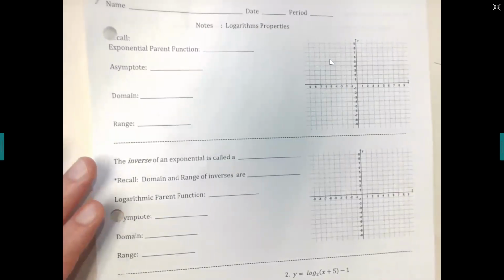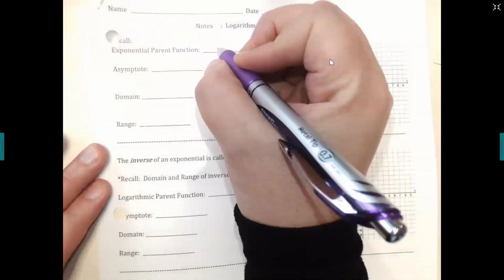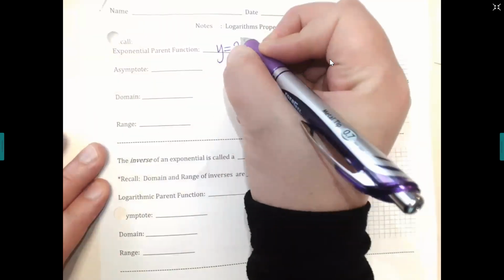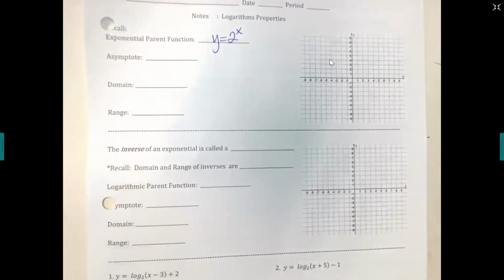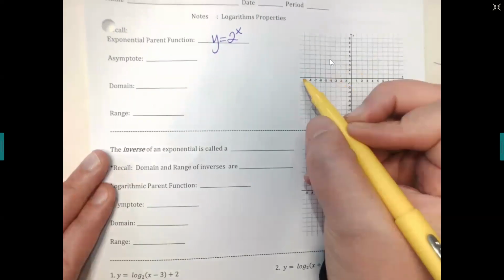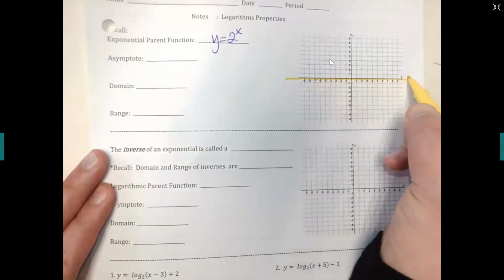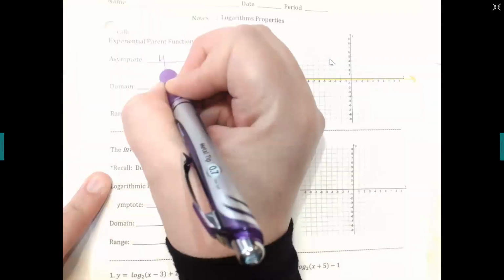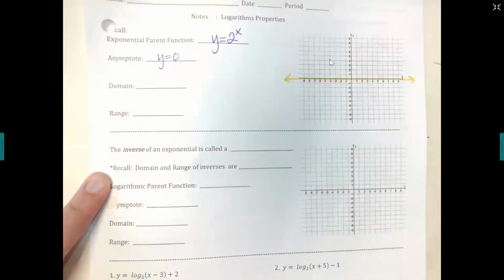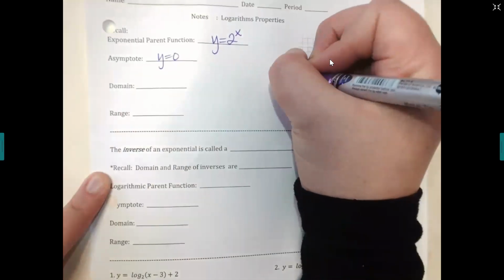Okay. So last class, you did the exponential parent function 2 to the x. And then if you remember, it has a horizontal asymptote that goes flat across like this, which means that you cannot touch that line. Y equals 0. Okay, so I'm going to put here, this is an HA.